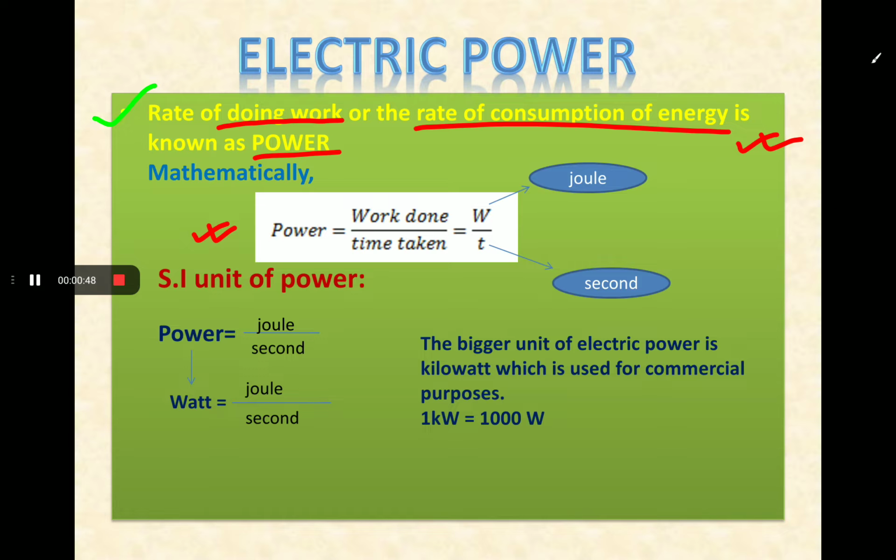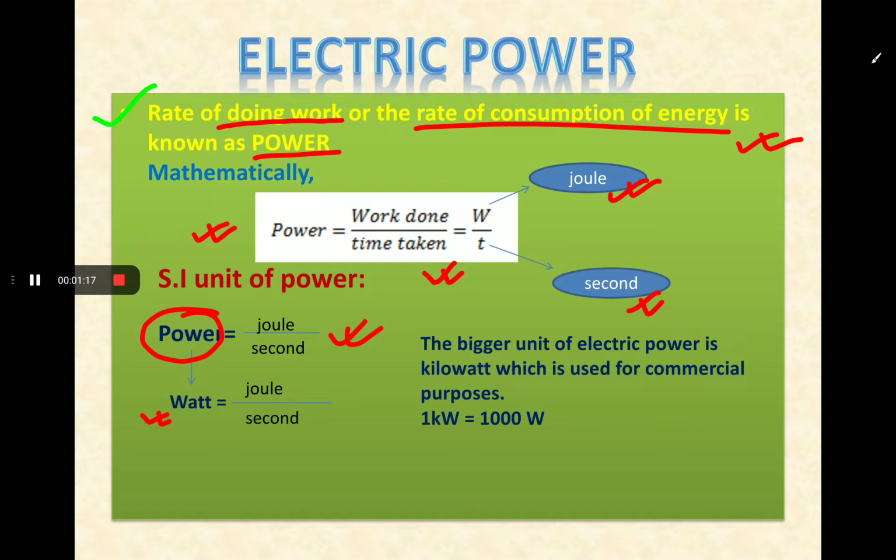So this is the definition of power, and from the formula of this, work done is written as capital W and time taken is written as T. We know that the SI unit of work done is joule and the SI unit of time is second. So, the SI unit of power becomes joule per second. And another SI unit of power is watt.